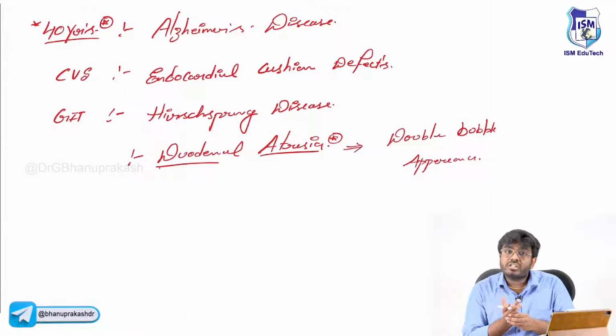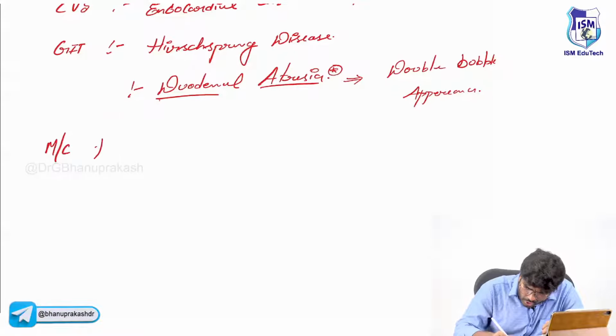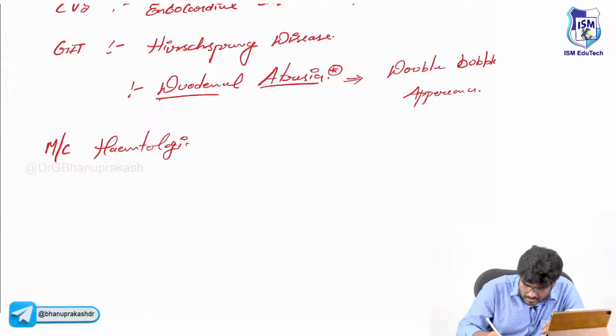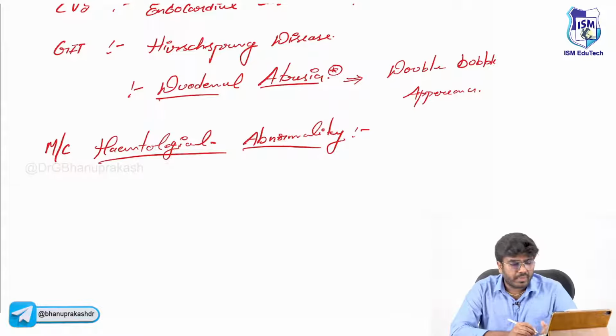Now, hematological abnormalities. The point I want you to know is, what is the most common hematological abnormality seen in Downs patients? Do you have any idea, guys?